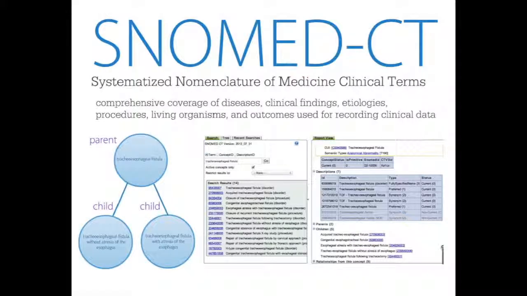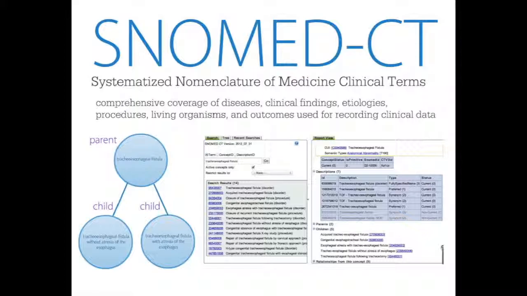But the main concept, for example, SNOMED-CT is considered a fairly comprehensive reference of clinical terms, providing comprehensive coverage of diseases, clinical findings, etiologies, procedures, organisms, etc. And it is fairly immense, but one of the advantages to having it grouped in a hierarchy is that when you're analyzing data, you can go to something like a parent concept and get all of its related concepts within its children.